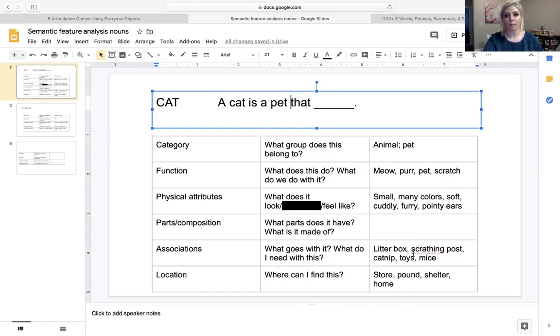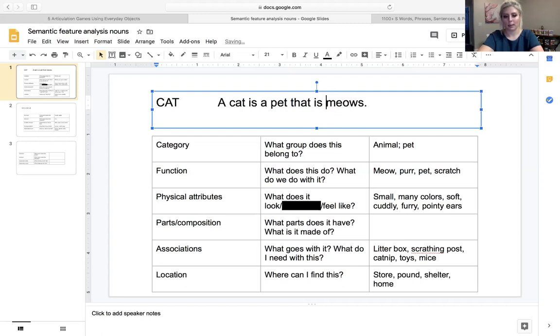So let's see. You would have to pick a couple of things that no other pet does. So, that meows. It doesn't have to be something that no other pet does.